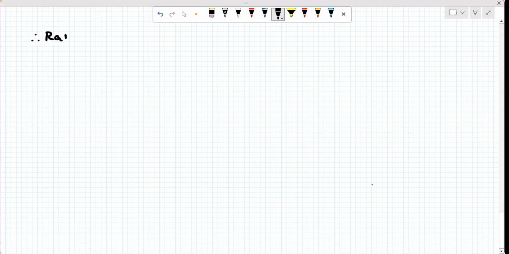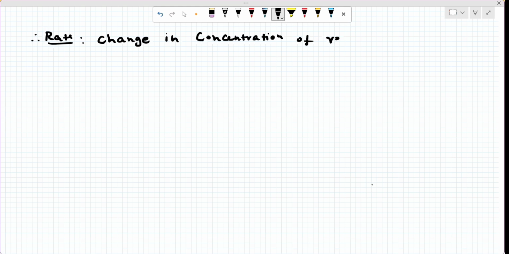See the definition: change in concentration of reactant or product per unit time. That is the rate.